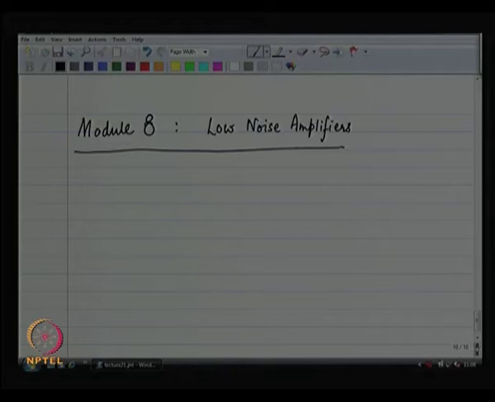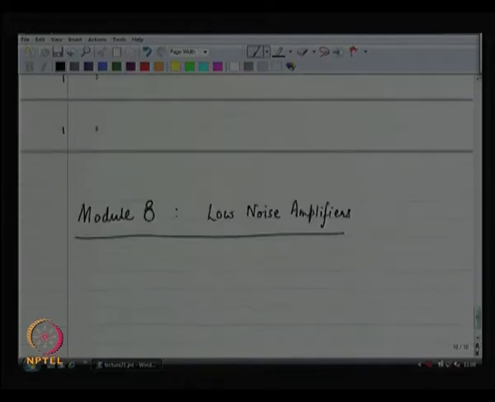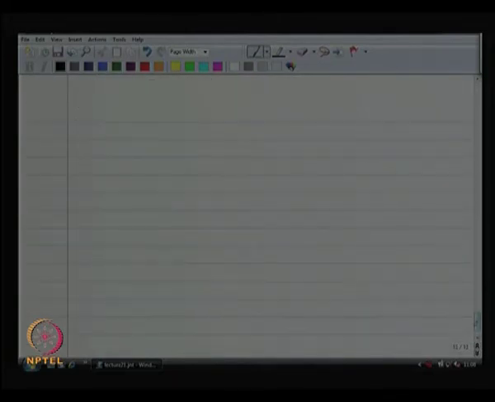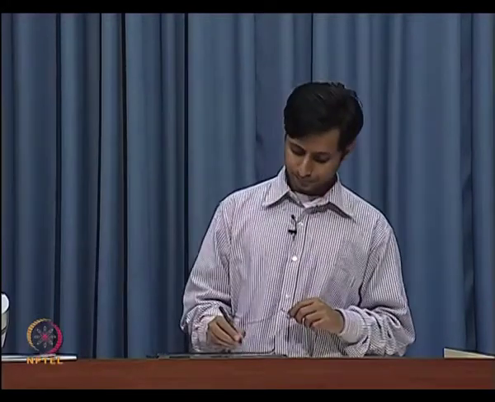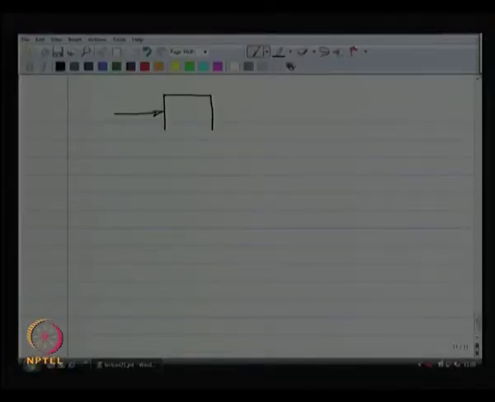All right. Now, suppose you have a system that has a gain of 10 dB and a noise figure of 2 dB.